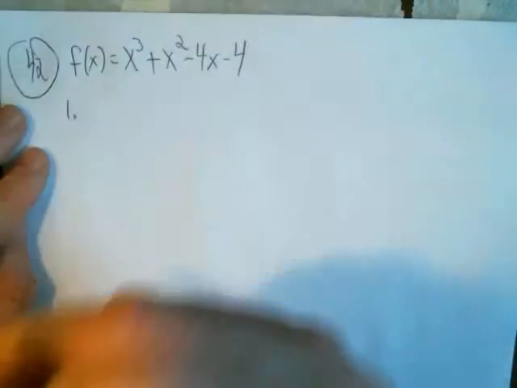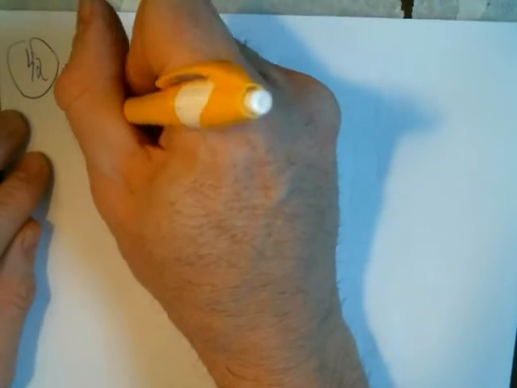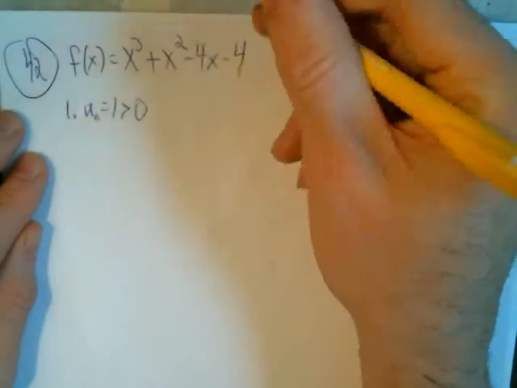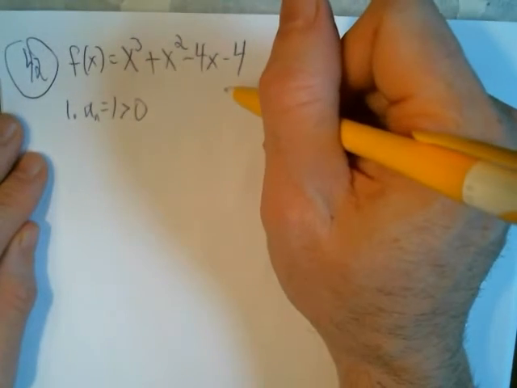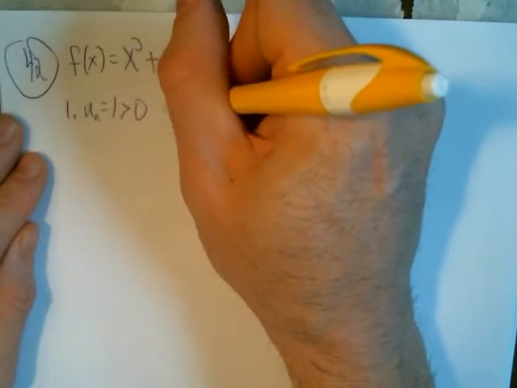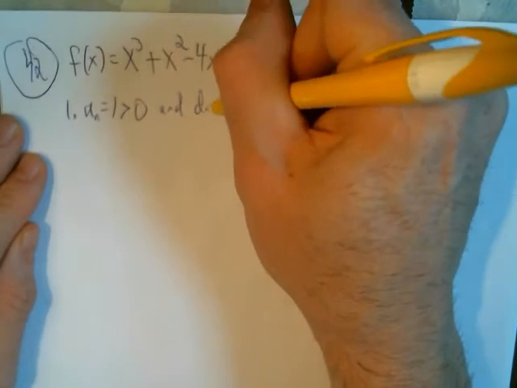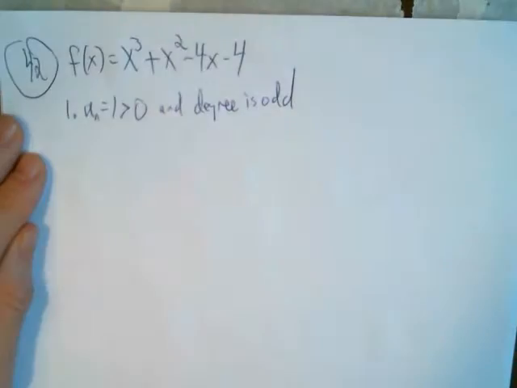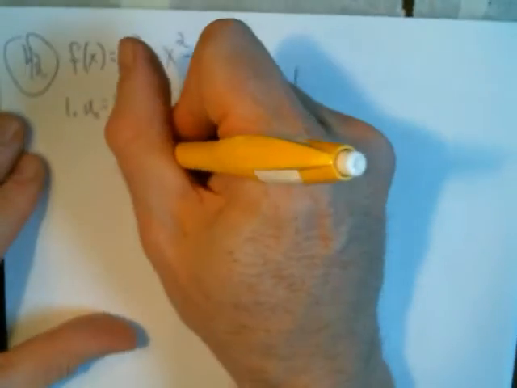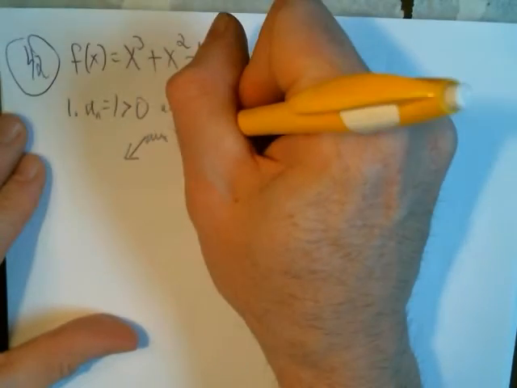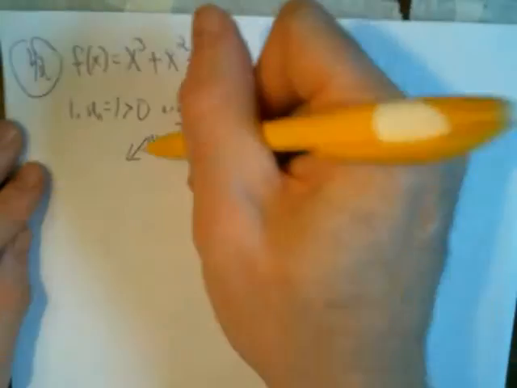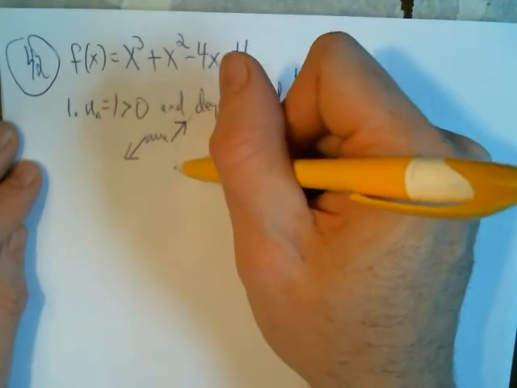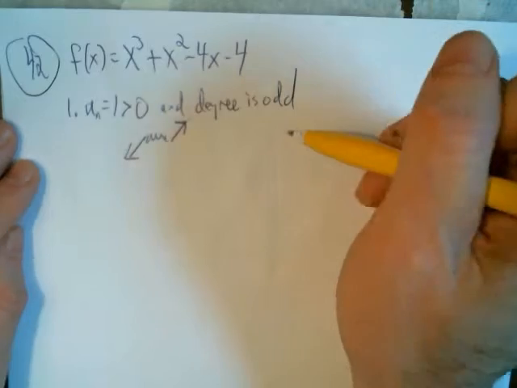Okay, so first off, its leading coefficient is 1, it's greater than 0, and its degree is odd. Okay. So that tells you the form is one of these types. So it's going up, and then it does something crazy, and then it'll keep going up towards the positive direction.